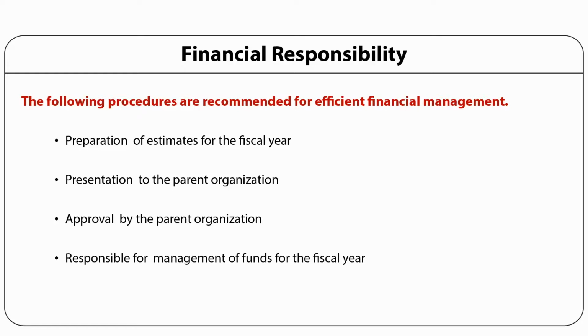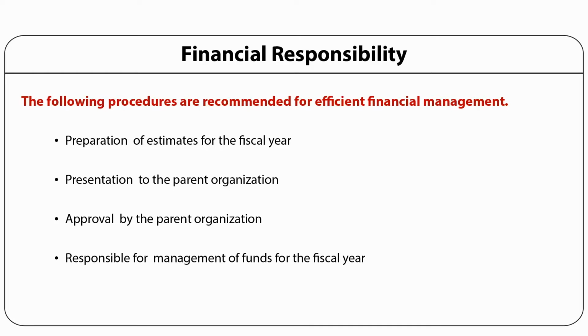So every library information professional has to bear the financial responsibility for his or her library, because whatever is required to be spent for a particular year, for that estimation has to be carried out. It is a good idea that whenever the activities are being carried out, some notes are made so that for the forthcoming years, estimates are put in a proper format and proper shape and based on facts.